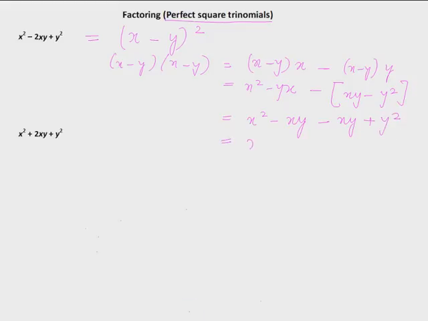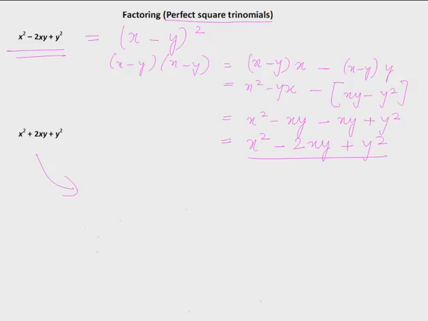So what I'm ending up with is x squared, then there are two like terms, both minus xy. So that's minus 2xy plus y squared, which is what we started with. So x squared minus 2xy plus y squared factors as (x minus y) into (x minus y), which is (x minus y) the whole square.